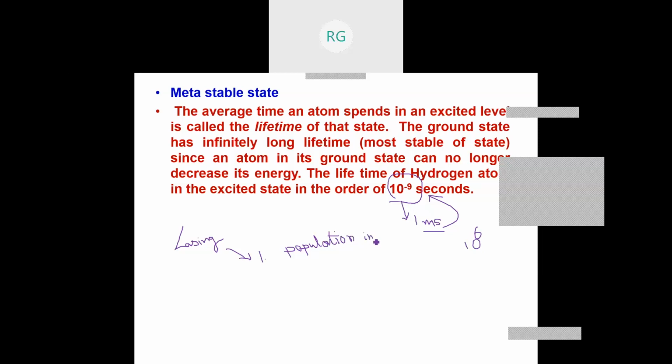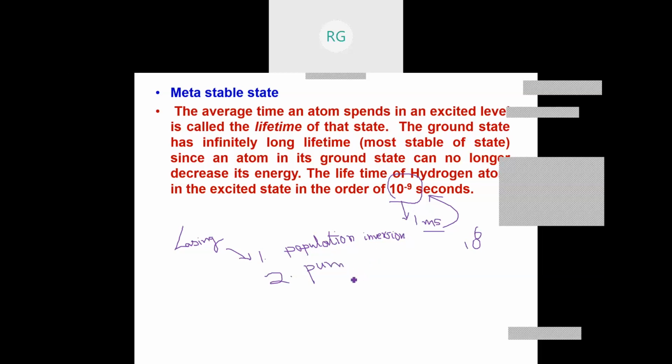This by itself cannot be created. It can be created by using external energy and pushing the atoms by absorption to a higher energy level. That can be achieved by a mechanism called pumping.